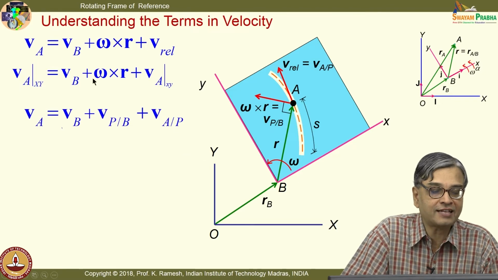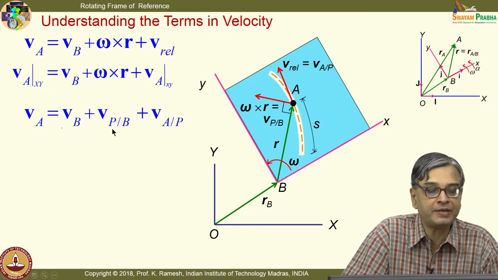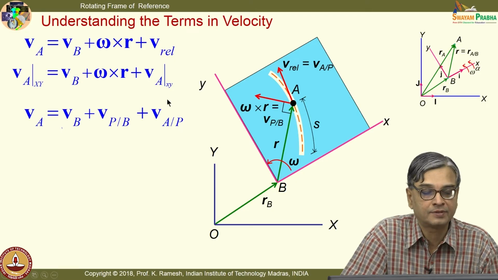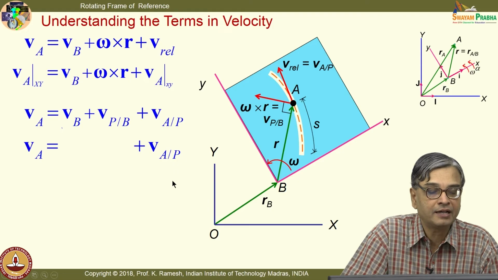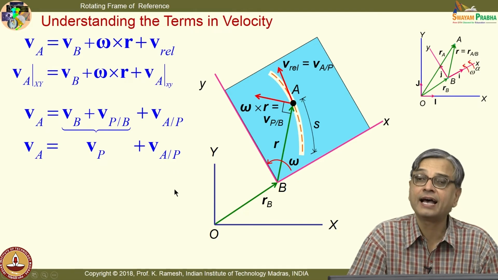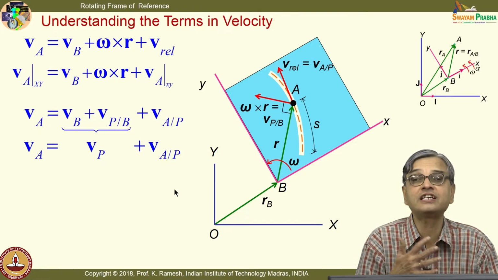So, I rewrite this expression as Va equal to Vb plus Vpb plus Vap. This is what I have written now. Then I can say Vb plus Vpb is simply Vp, where Vp is the absolute velocity of the fictitious point.